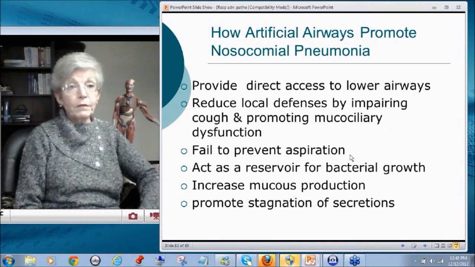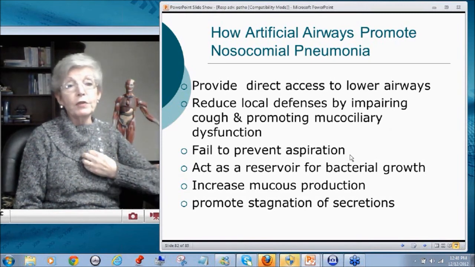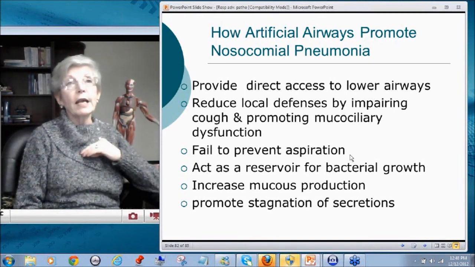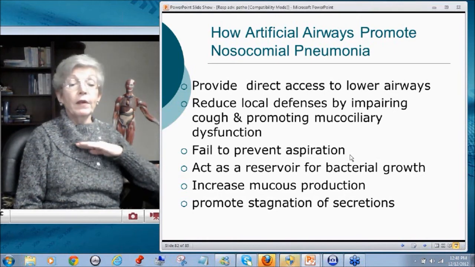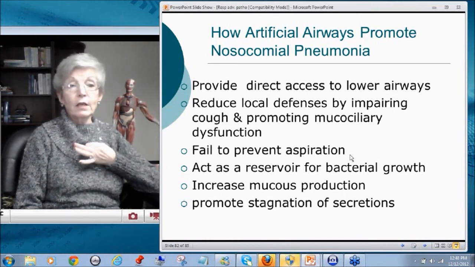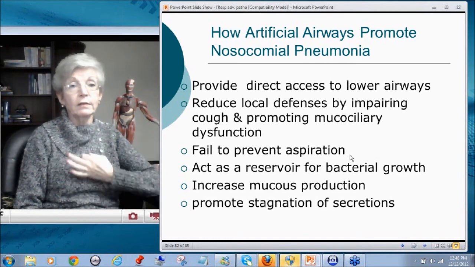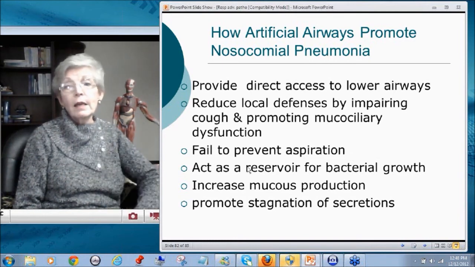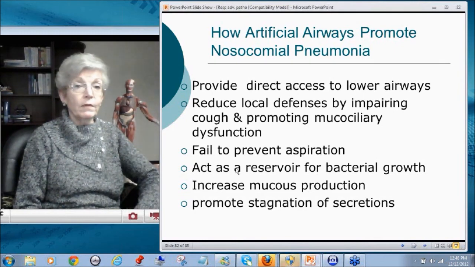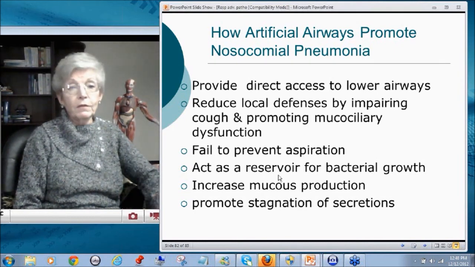It fails to prevent aspiration, even in a cuffed tube. You think that if somebody should aspirate saliva, above the cuff is occluding the trachea there, so it shouldn't go past it into the lungs, but in fact it can. And the collection of secretions serves as a reservoir for bacterial growth.